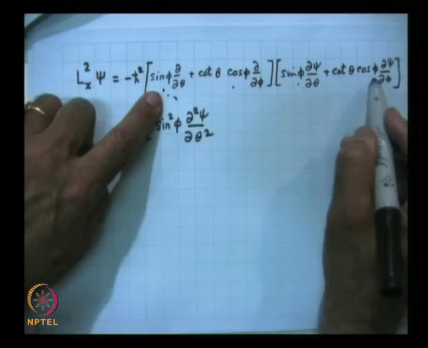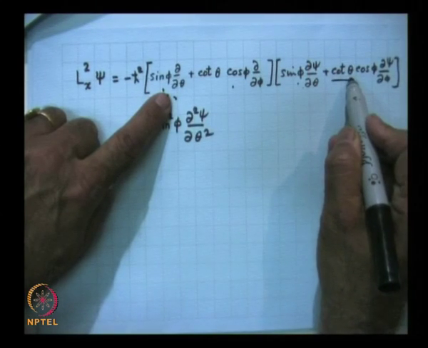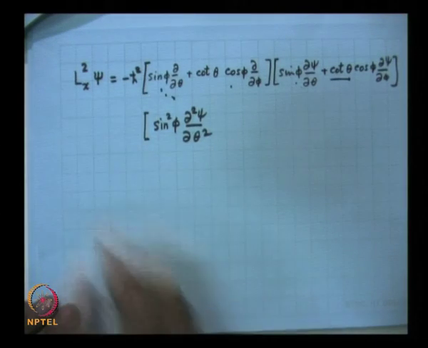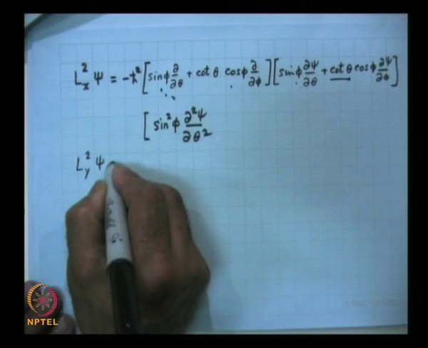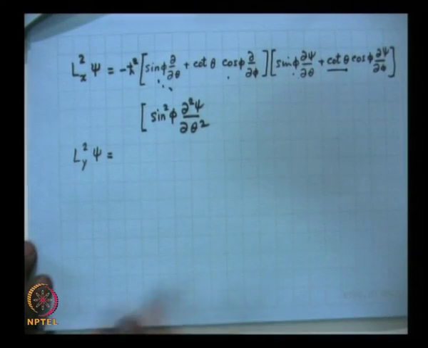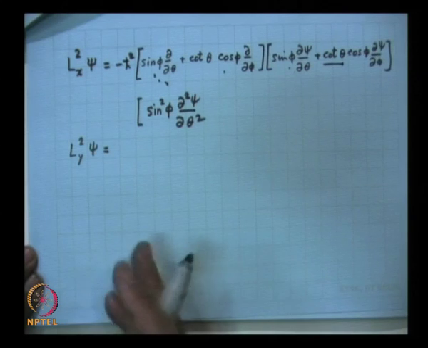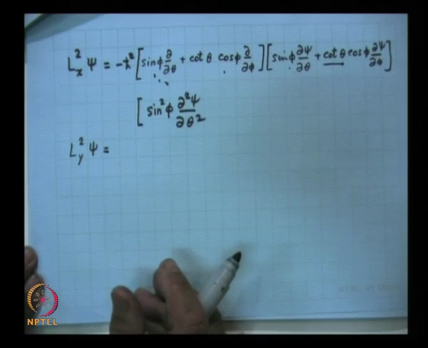But when I operate this on this, there is a term here depending on theta. So, one has to be a little careful. Similarly, it is advisable that you do this once, and it will allow you to get used to the way in which one deals with this operator algebra.